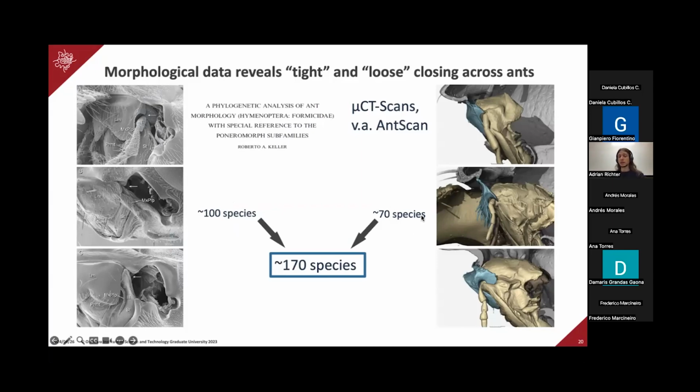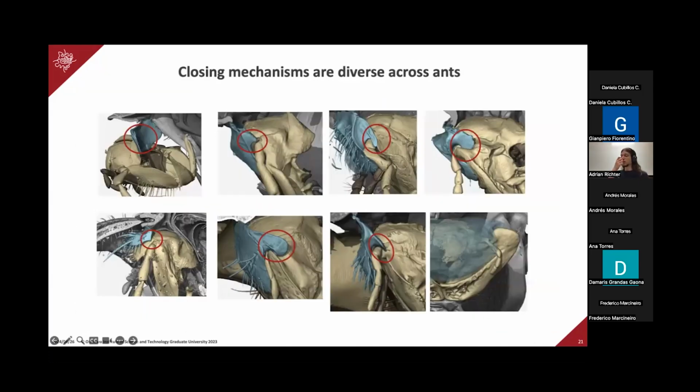And now I added about an additional 70 species where we could see this mechanism a bit better in 3D based on micro-CT scans, and documented some additional diversity of this mechanism across ants. And really, there's quite a lot of diversity in how exactly this interlocking works. Generally speaking, there are two main things that we can observe.